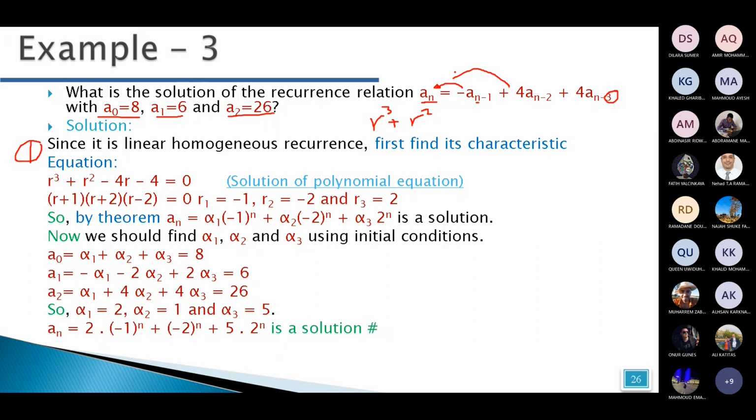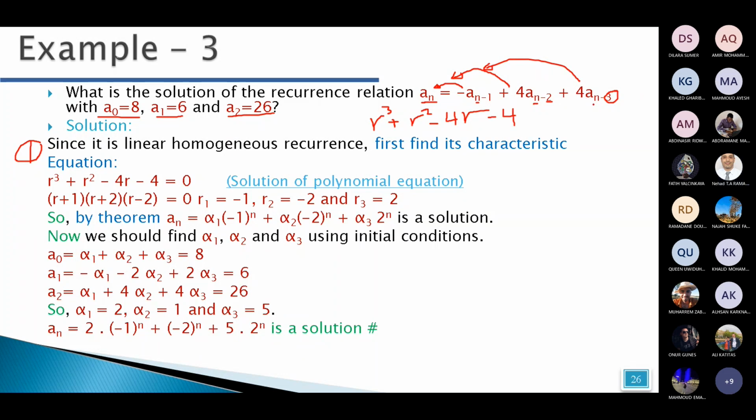This plus becomes minus, so minus 4 times R power 3 minus 2, it's R. Okay, this plus goes there as minus 4.